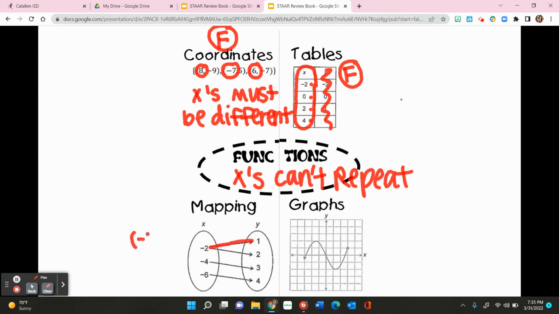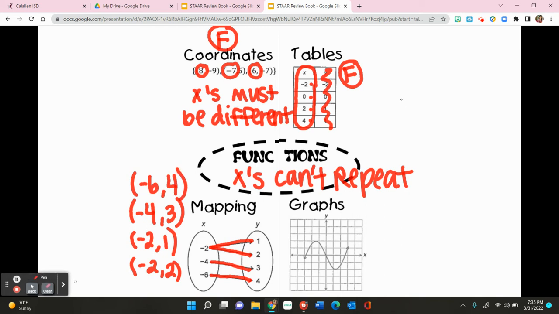If you want to make this easier on yourself, you can write yourself ordered pairs. Then we have -2 being paired with 2. I have -4 being paired with 3. I ran out of room, so I'm going to write on top. And then we also have -6 being paired with 4.